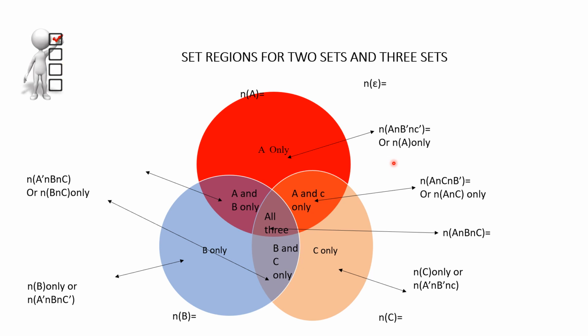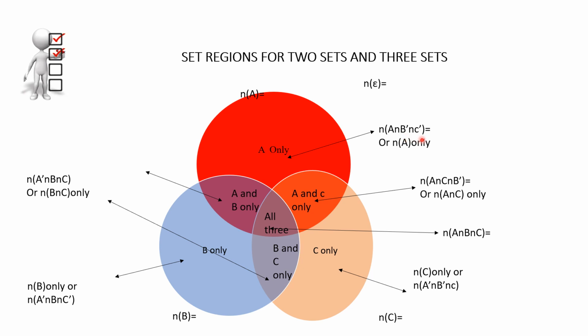So that means that this is the complement part. A only can be written as A intersection B complement intersection C complement. So that is the same as A but not B but not C.